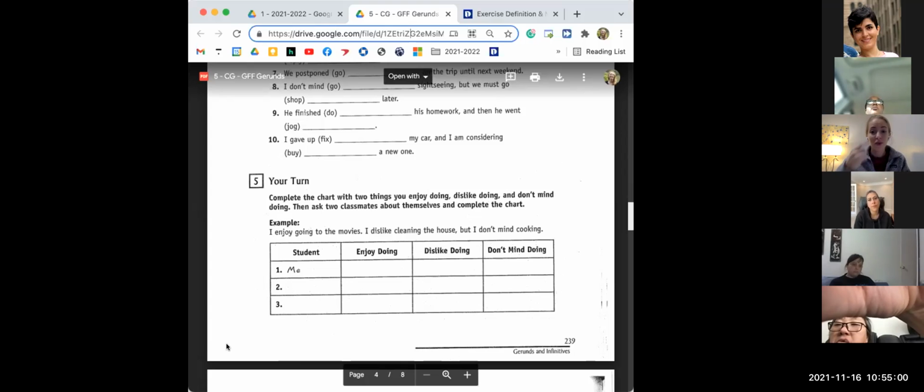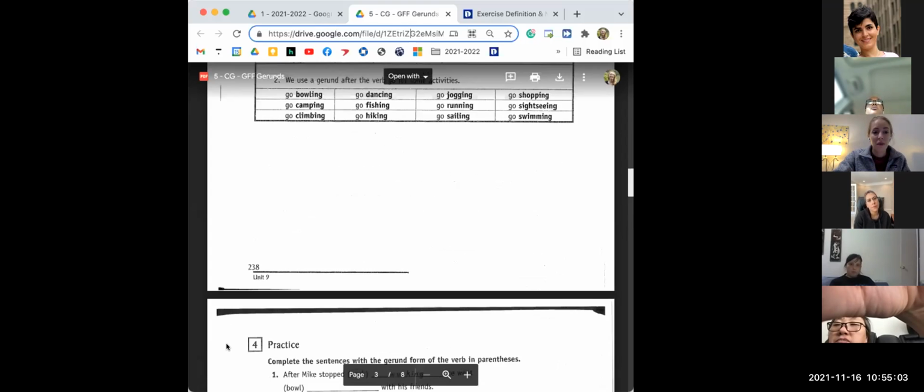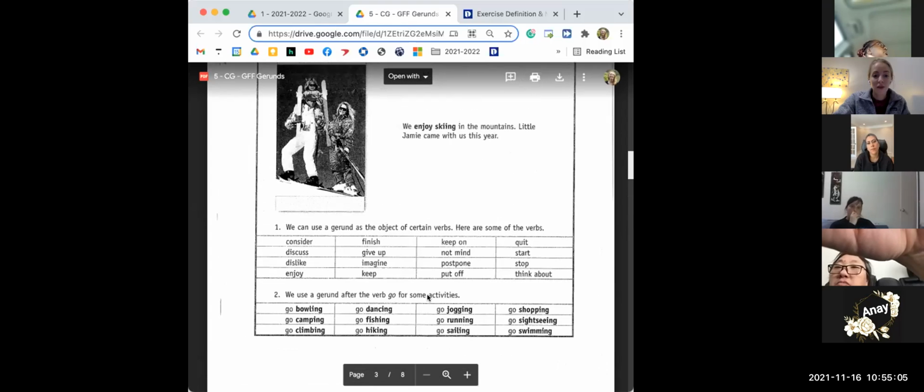As the object, we need to be really careful because some verbs are followed by the gerund and some verbs are not followed by the gerund. We would need a different form. We would need the infinitive. But I think most verbs can be changed into a gerund.